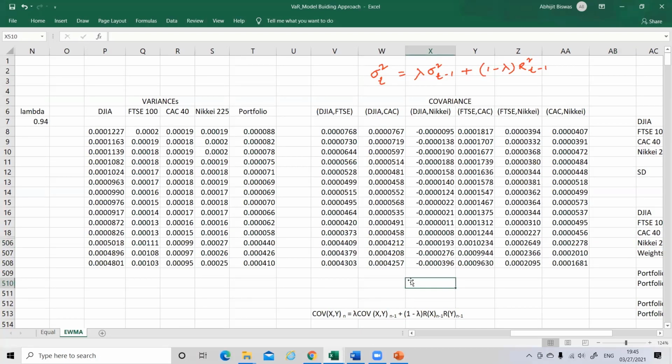Okay. Now to do the covariance calculation, you have to be very careful. Now covariance can be calculated between two variables, right? So in this case, variables are the different index funds.